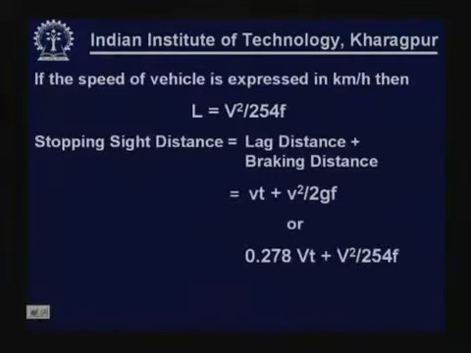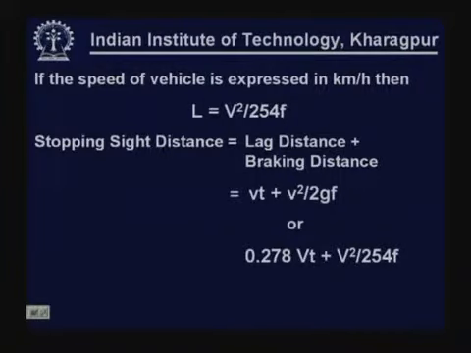Now, if the speed of vehicle is expressed in kilometer per hour, then with multiplier it will become v square by 254 f. In this case, v is in kilometer per hour.